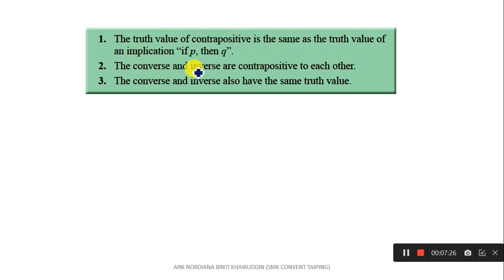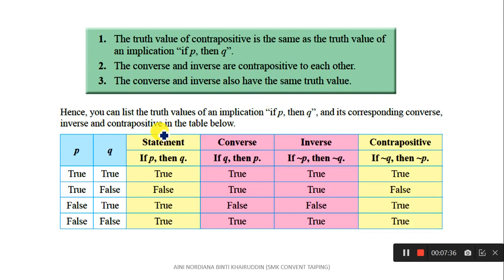The converse and inverse are contrapositive to each other, so the converse and inverse also have the same truth value. As you can see here, the statement and the contrapositive have the same truth value, while converse and inverse have the same truth value.